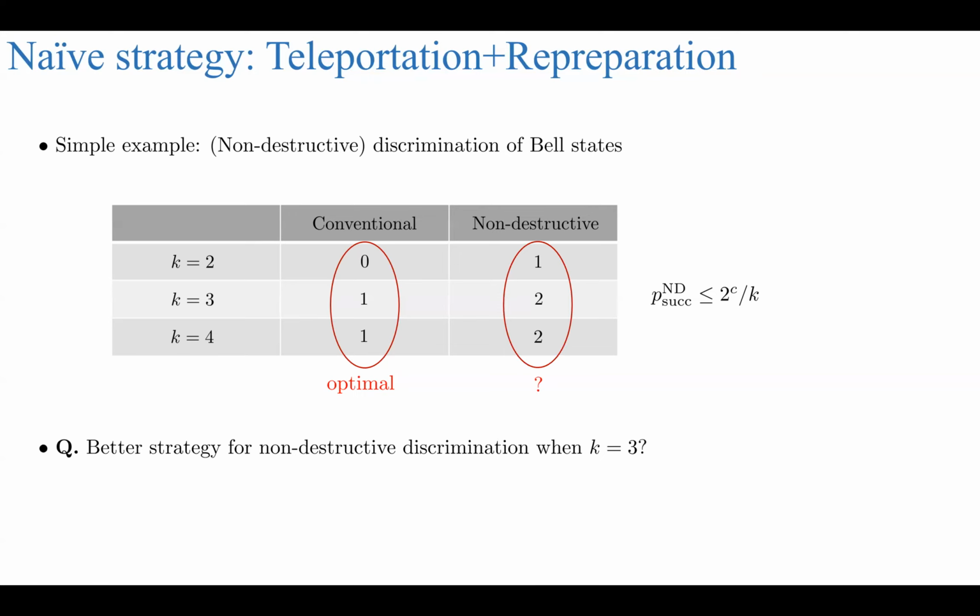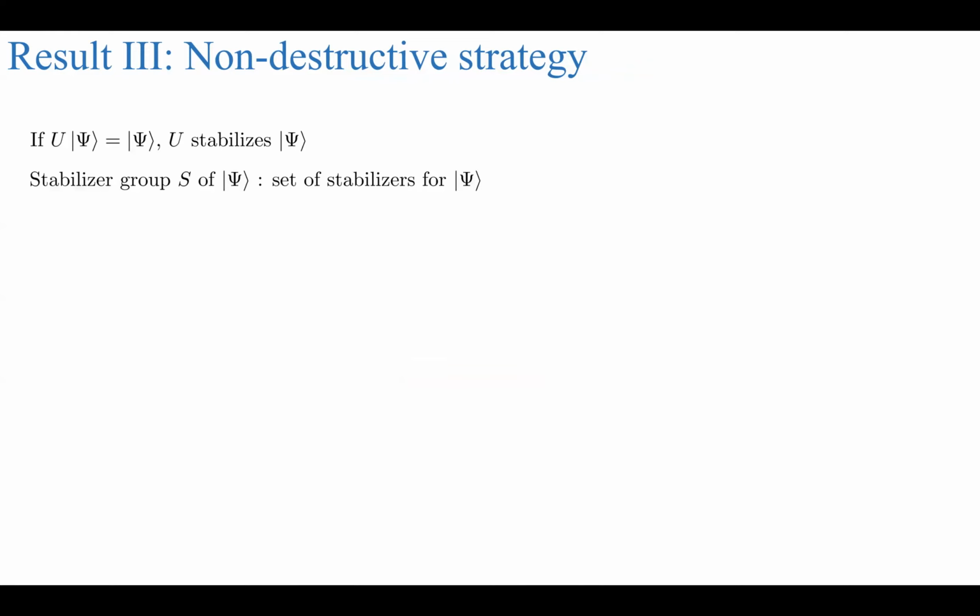But the K equal to 3 case is interesting because it does not saturate the bound, and then we can ask whether there is a better strategy for the non-destructive discrimination task. So our answer is yes.